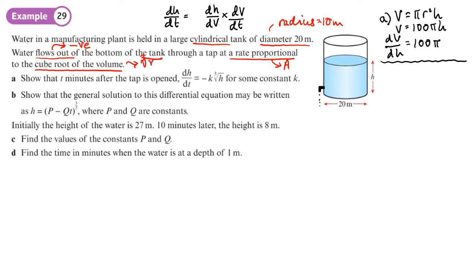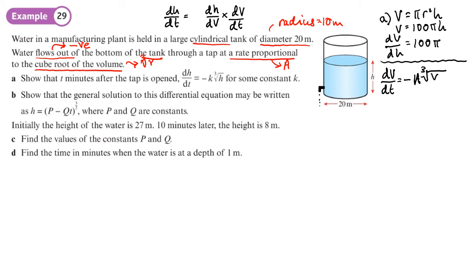Can I find a change in volume over time? Yes, from this sentence, all this stuff where I wrote negative cube root volume A. Right, so let's do that. The change in volume over time, well, the volume is decreasing at a rate which is proportional to the cube root of the volume. There we go.